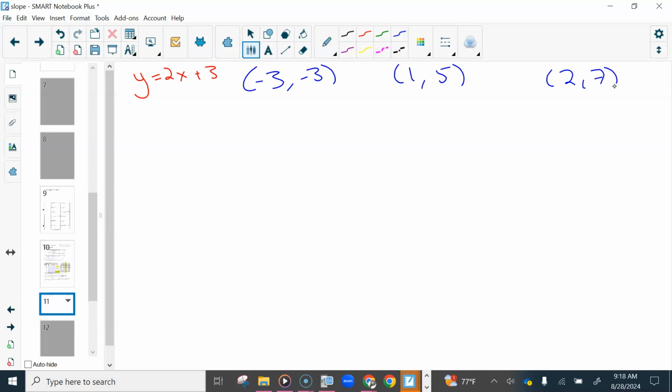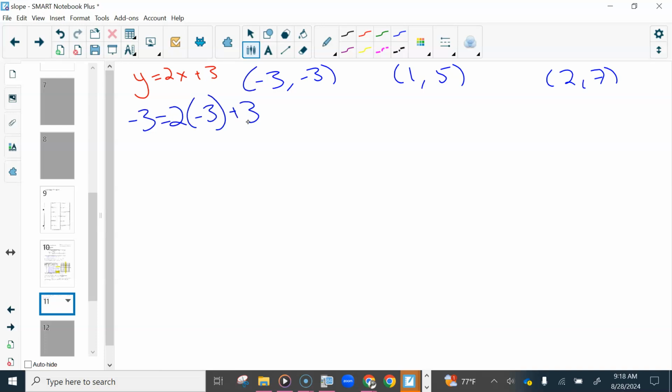Alright, so to test this, to make sure these points actually fall on this line, I'm going to take the equation that we were given. These are my input and output values, and I'm going to put them into where x and y are. So this would be -3 equals 2 times -3 plus 3.